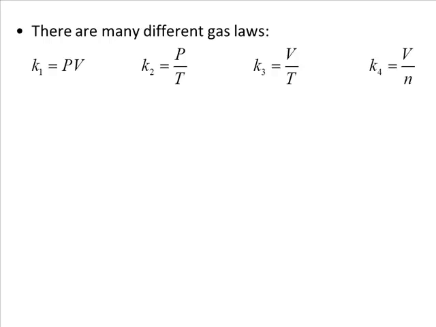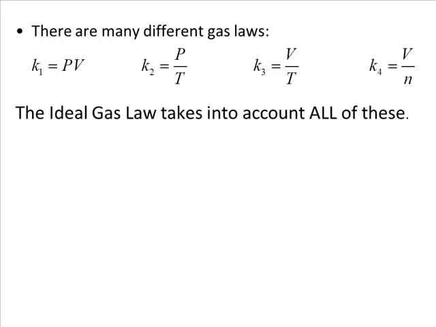Because of this, most scientists prefer to use gas laws that encompass more than just two variables. What we'll see now is something that's called the ideal gas law. And we already said that an ideal gas is one that behaves according to the kinetic molecular theory of gases. The ideal gas law assumes that as long as a gas is behaving as an ideal gas, here's how the pressure, volume, and other variables will all be related.